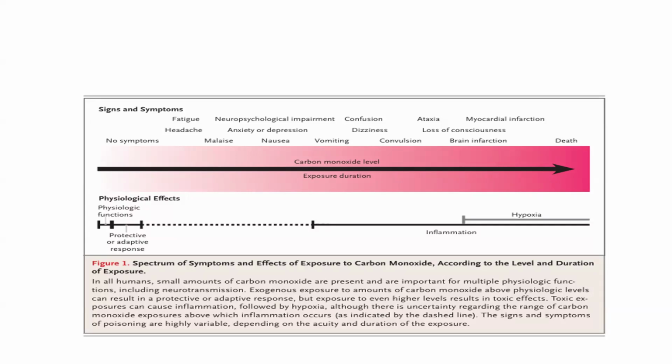Toxic exposure can cause inflammation followed by hypoxia, although there is uncertainty regarding the range of carbon monoxide exposure above which inflammation occurs. The signs and symptoms are highly variable depending on acuity and duration of exposure. These include fatigue, headache, malaise, neurological impairment, confusion, anxiety, depression, dizziness, ataxia, myocardial infarction, loss of consciousness, convulsion, brain infarction, and sometimes death.